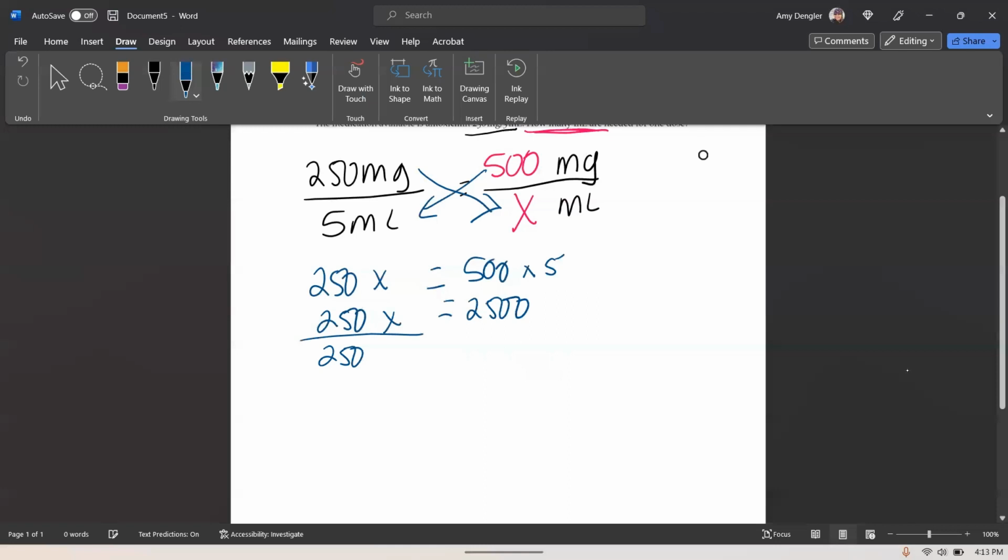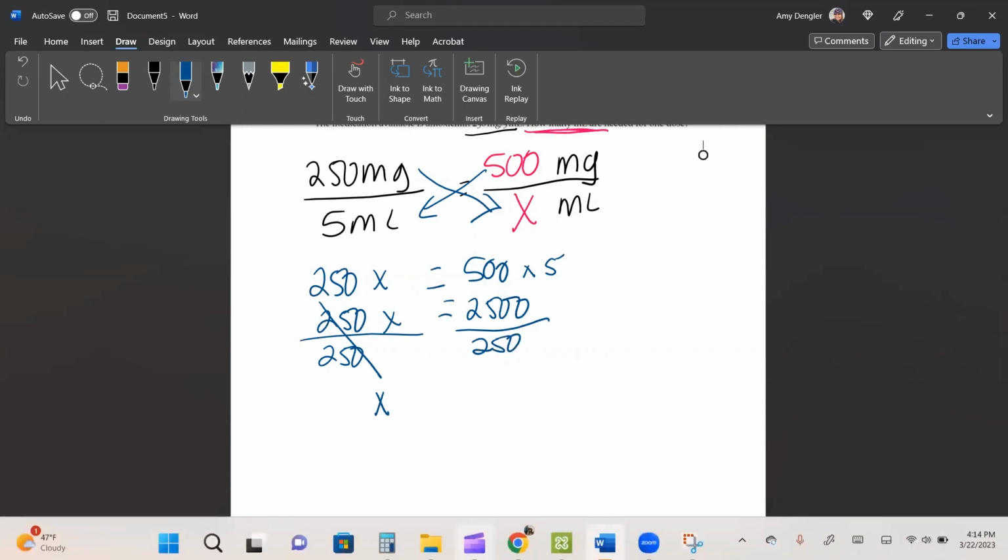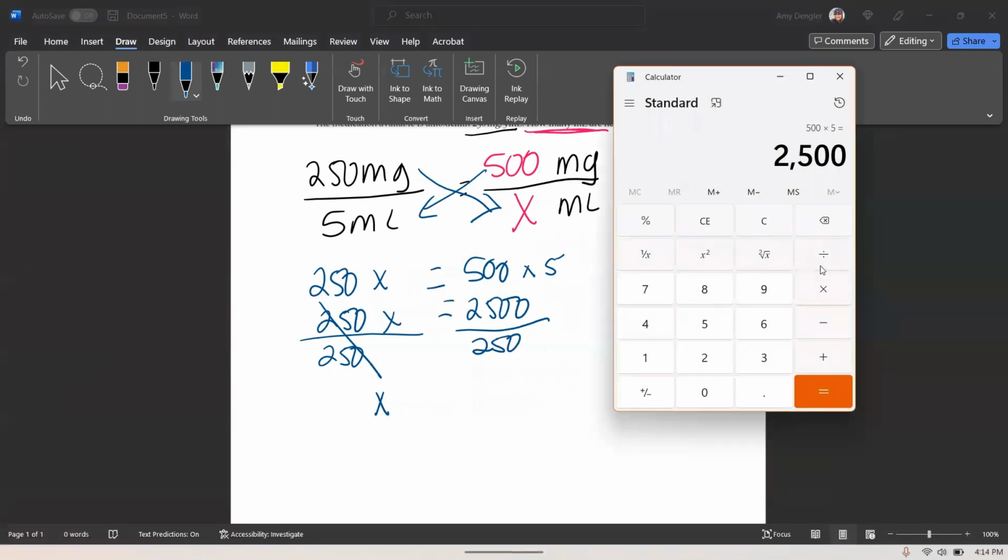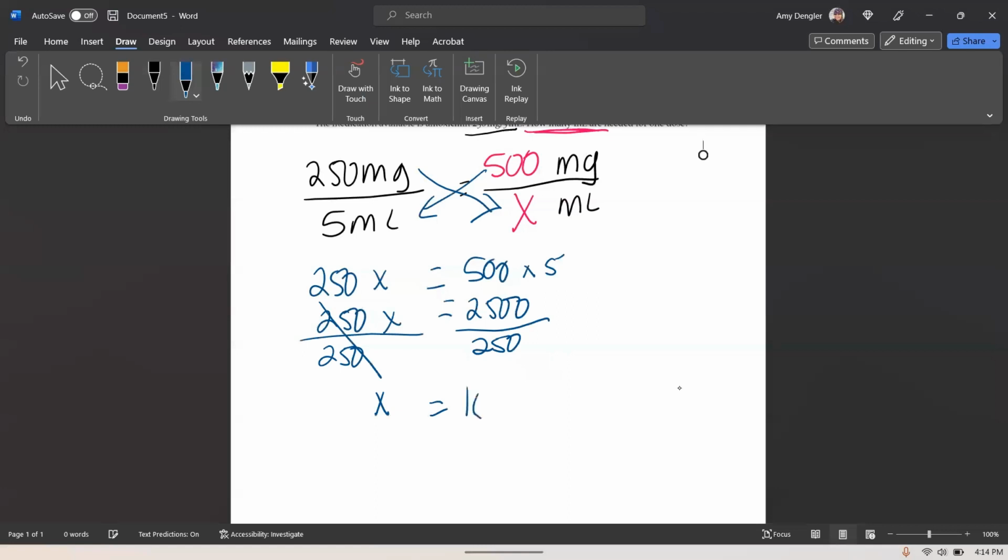So I'm going to divide that here. So now I just have X. Then I have to do it to this side as well. So 2,500 divided by 250 gives me that X is equal to 10 ml. So that's how much they need per dose.